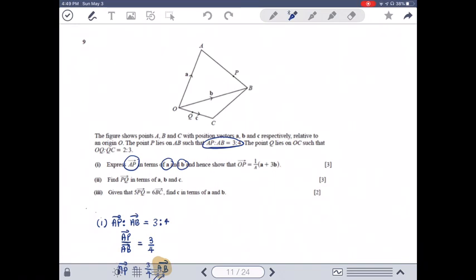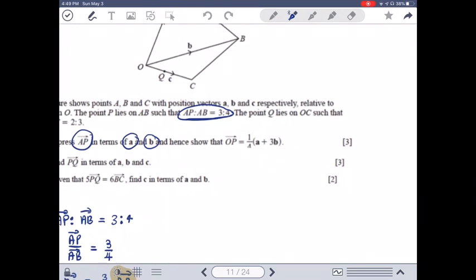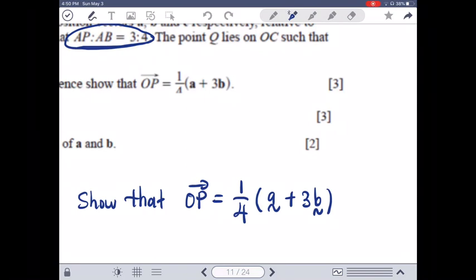Okay, next we move to the second part of the question. The second part wants us to show that vector OP is just equal to 1 over 4 of vector a plus 3b. Why do I use the wiggle symbol down here?